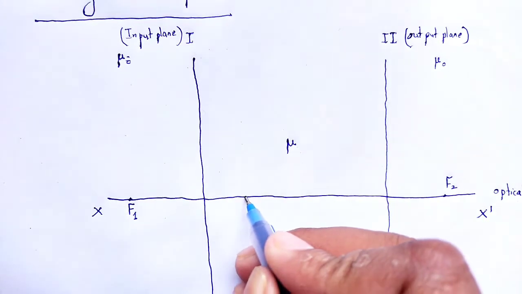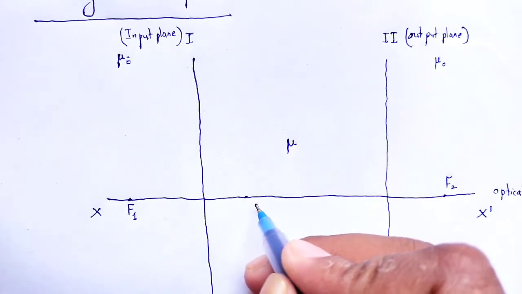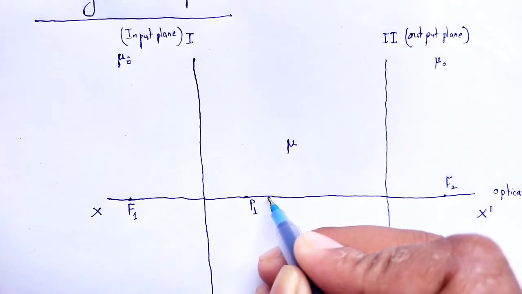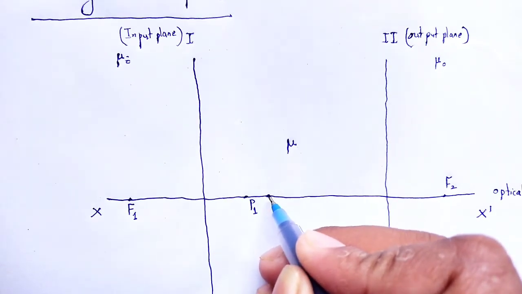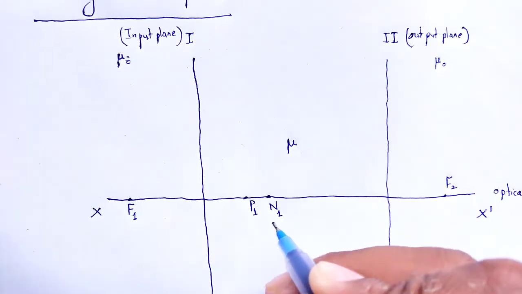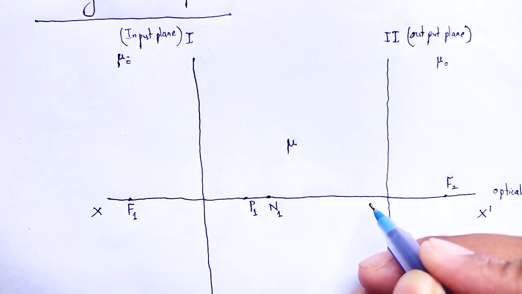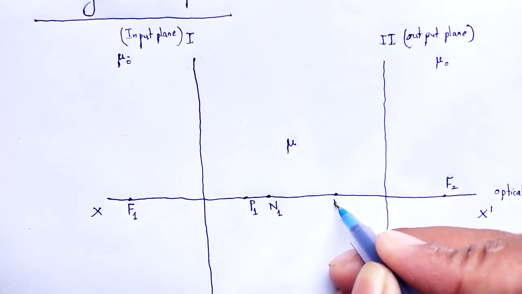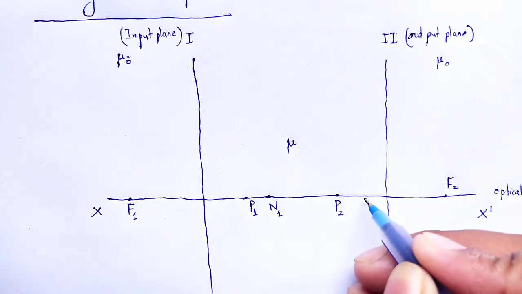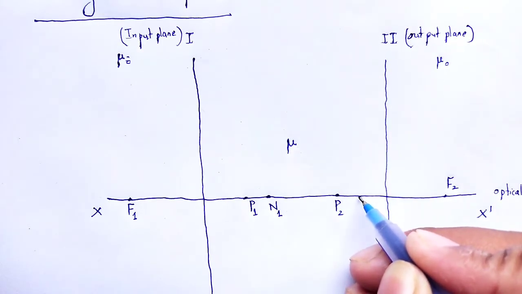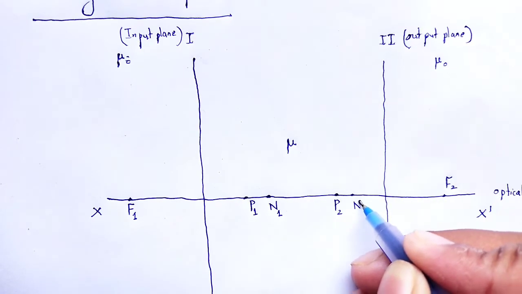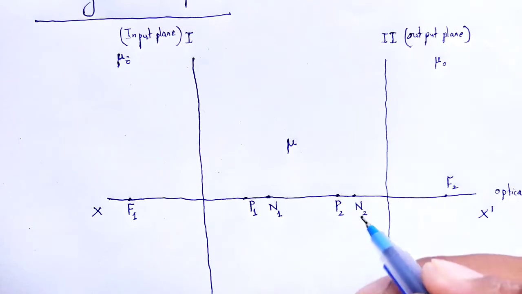P1 is the first principal point, N1 the first nodal point. Here P2 is the second principal point, N2 the second nodal point.